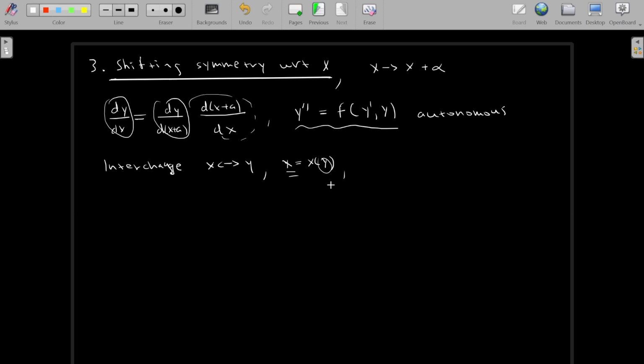Now, what this means is one can write that y prime is dy dx, or it can be written as 1 over dx over dy. And we can denote this, for saving space, as x dot, where dot is going to mean for us that we differentiate with respect to y.